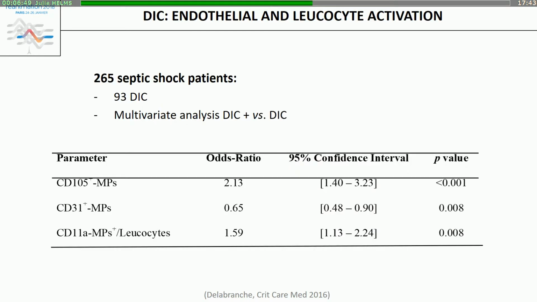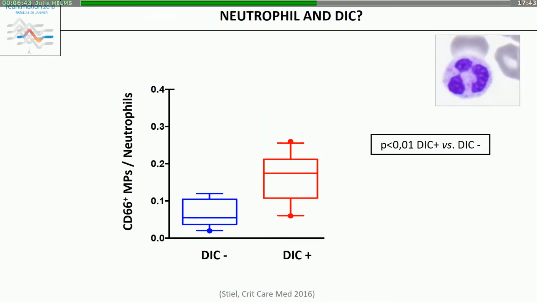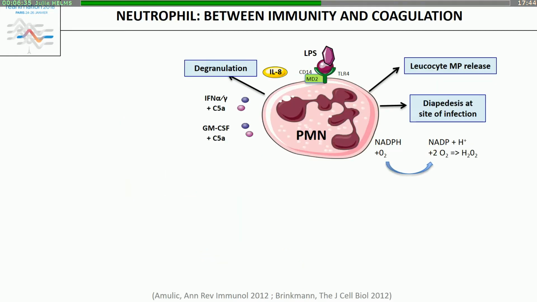We have confirmed these results in a new cohort of 265 patients, including 93 DIC. And we have shown that among leukocytes, it was neutrophils that were significantly activated. Neutrophils are key cells of innate immunity.